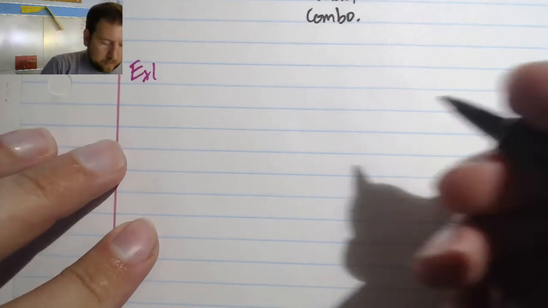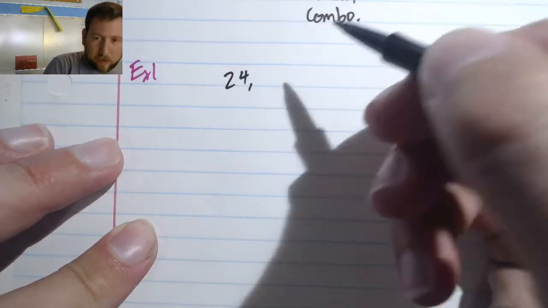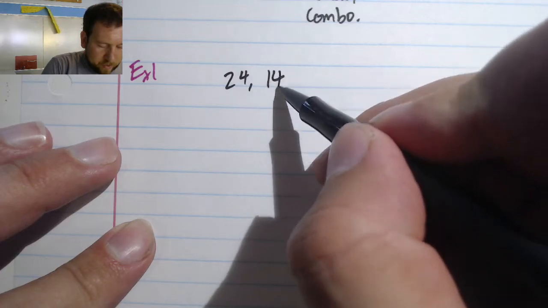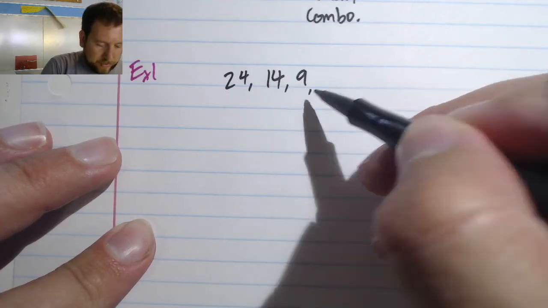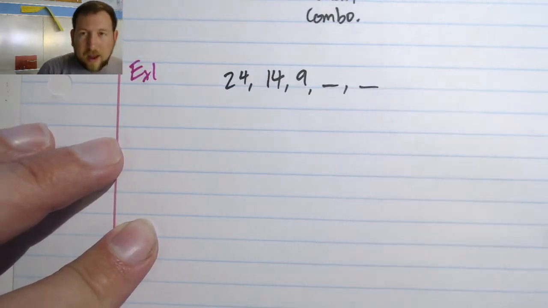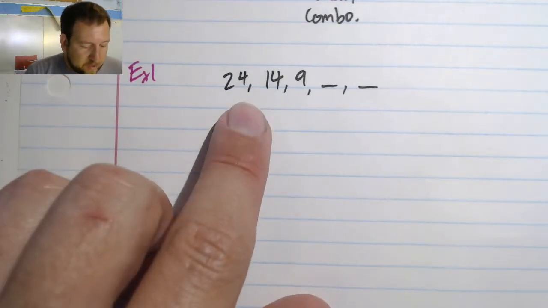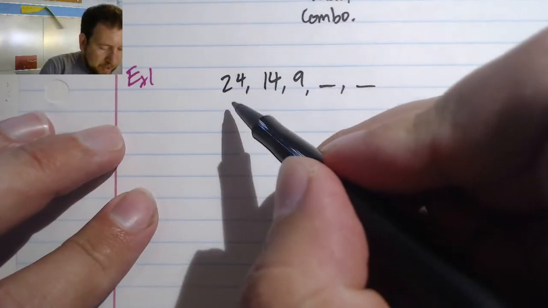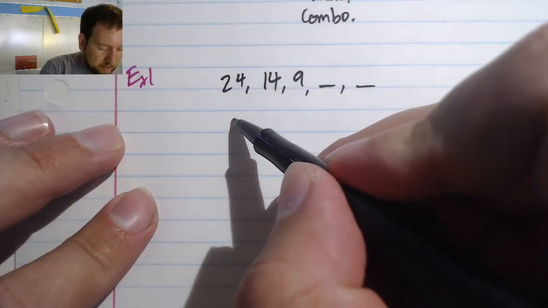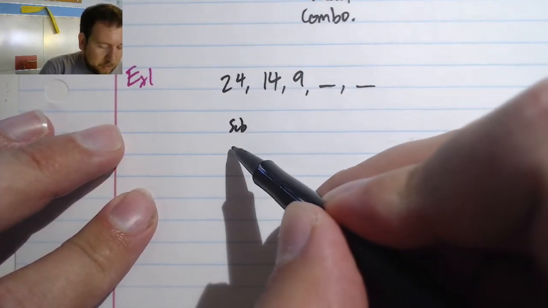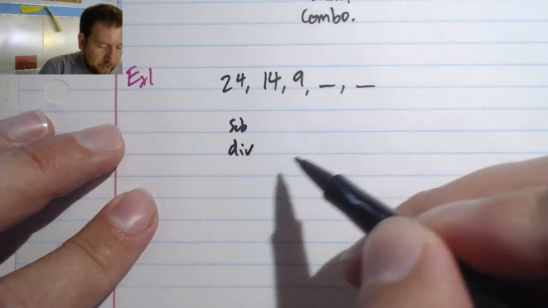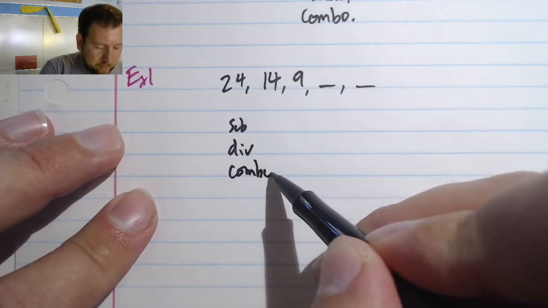We have 24, 14, 9. And the question is, what are the missing numbers here? Okay, so let's look. I'm going descending, so that means I'm going to subtract, or I'm going to divide, or I'm going to do a combo.